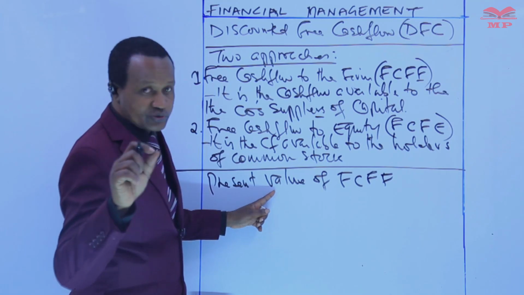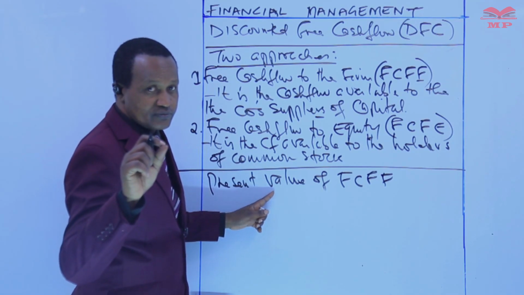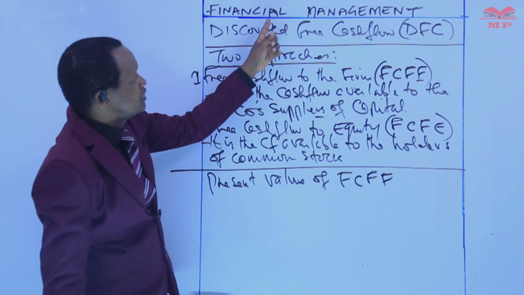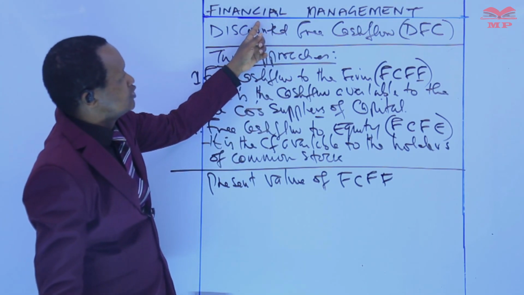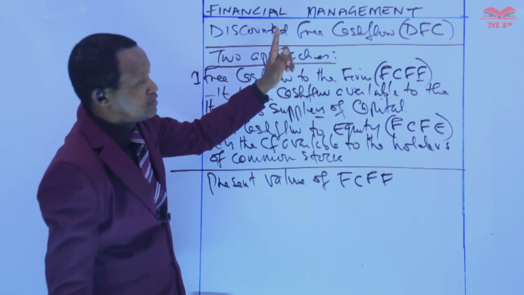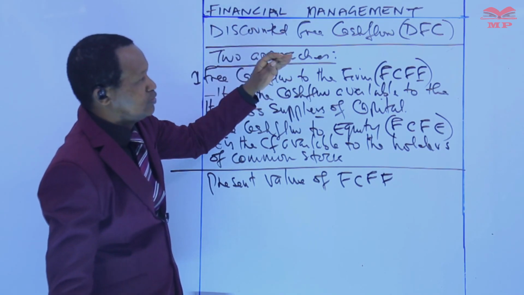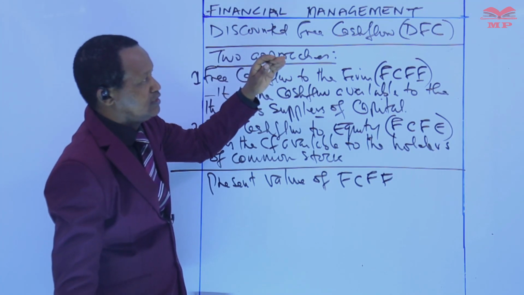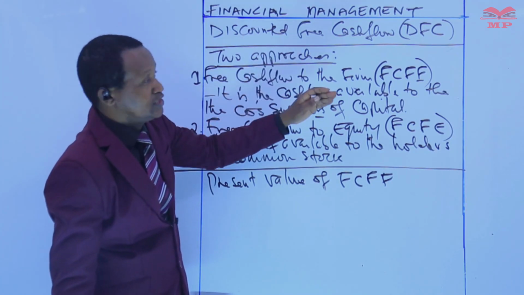Please pay attention. The subject is financial management. We are studying business valuation models. We are at a point where we are studying how to calculate the value of ordinary shares.